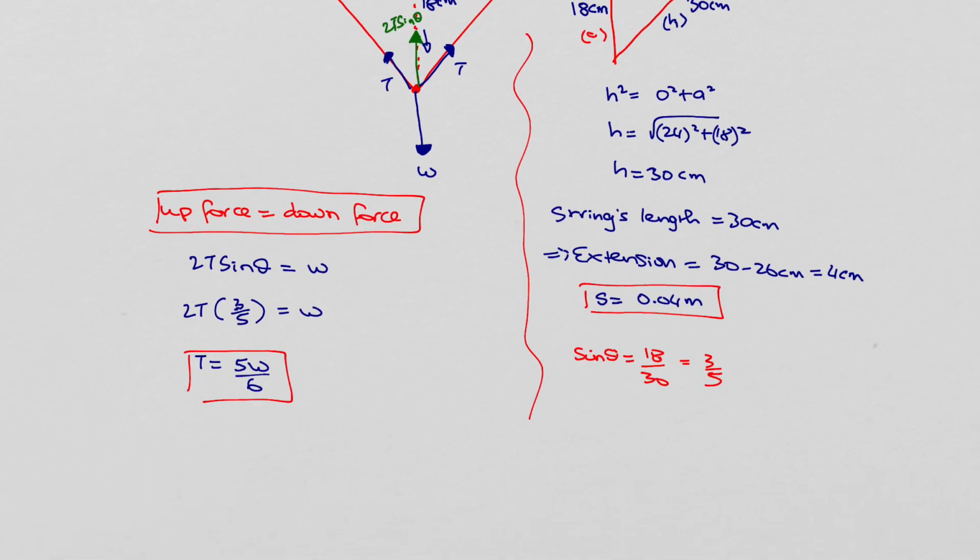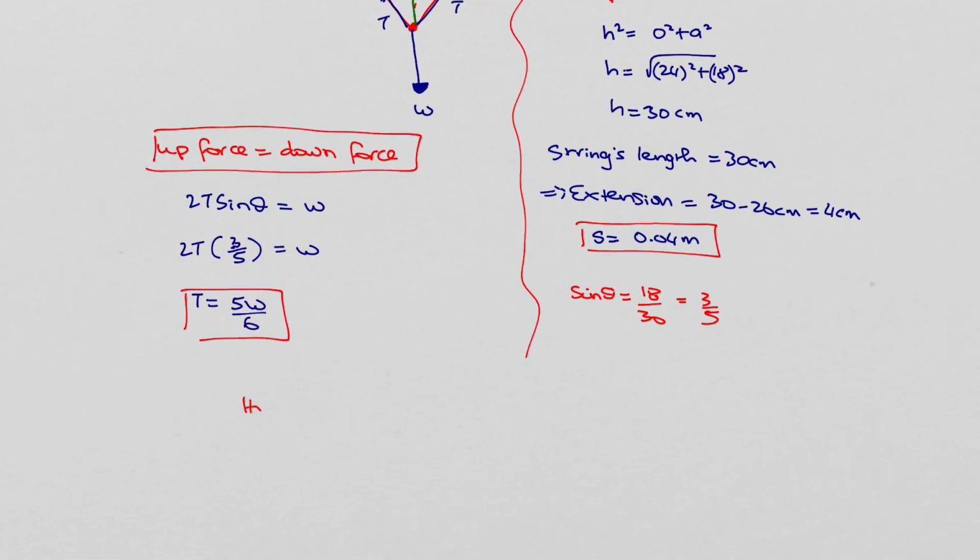So then we literally just need Hooke's law. So F is equal to minus Ks. So therefore we have 5W over 6, our restoring force, must equal our minus Ks.